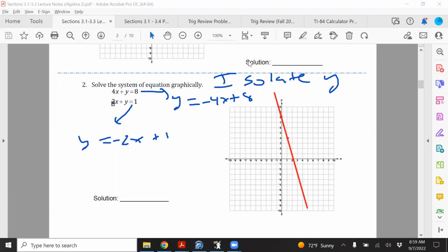Let's go green for the other one. If you plug in 1, you get -1. Plug in 2, you get -3. Plug in 3, you should get... wait. There we go. Plug in 4, you should get -7.